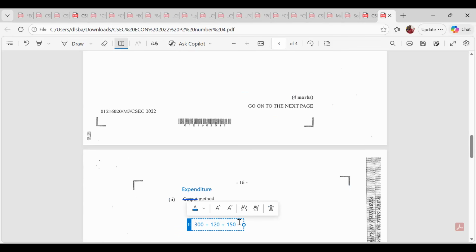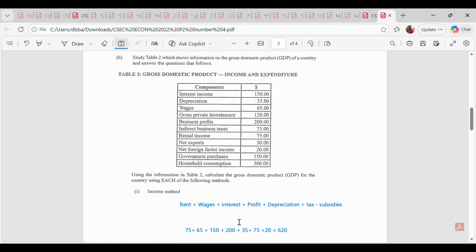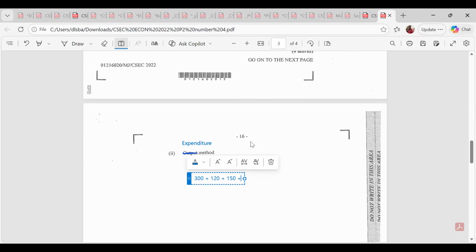The net exports is exports minus imports, so we're looking for either net exports, or exports and imports to calculate it. Net exports, 50. So we're using completely different figures than the income method. Let's see: 300 plus 120 plus 150 plus 50. 620.